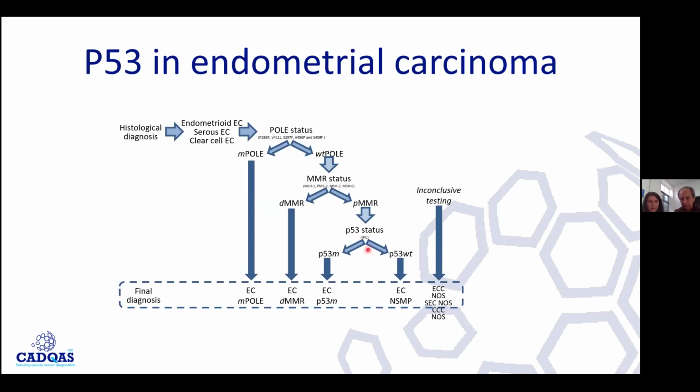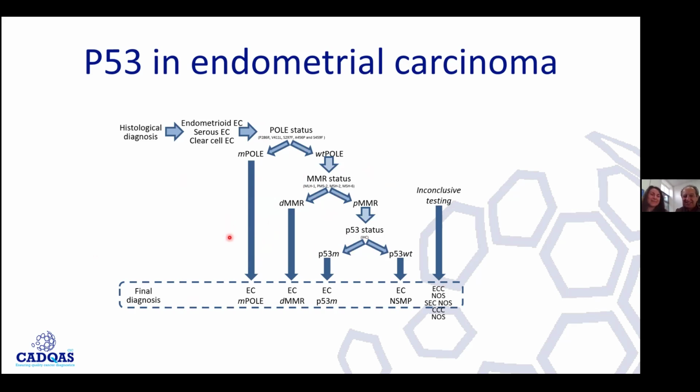Now, we need to be careful. We request these tests at the same time. So it's basically POLE, MMR and P53, but usually POLE takes a bit longer. Unless you work in Foundry, because you have it the next day.